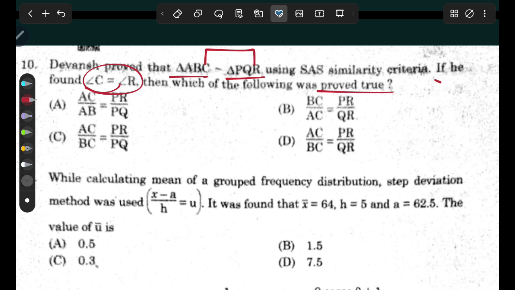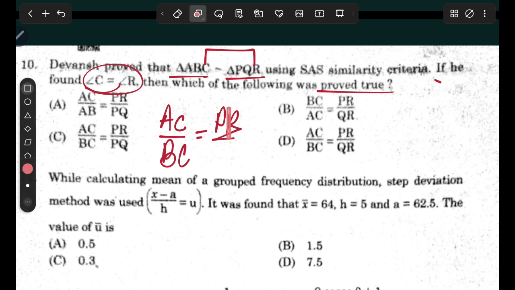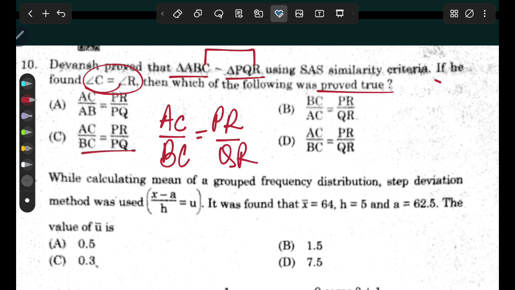AC and BC would be equal to, since C is R, PR upon QR. So AC upon BC is equal to PR upon QR.